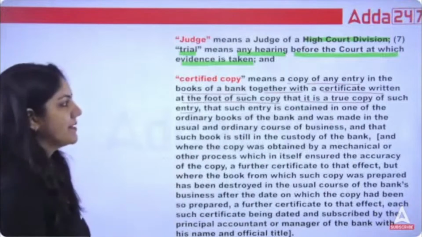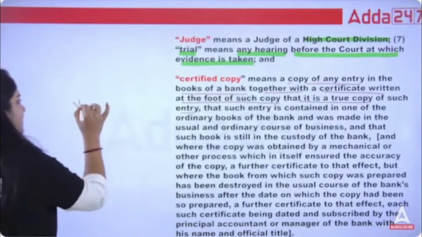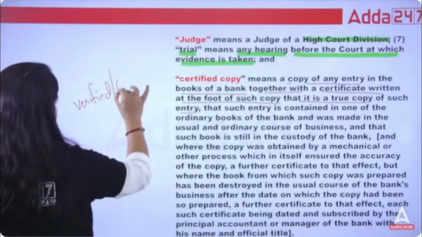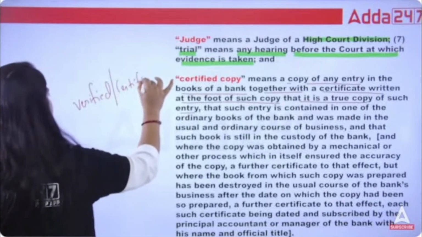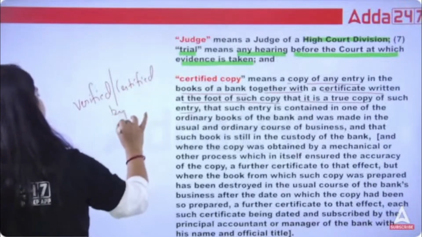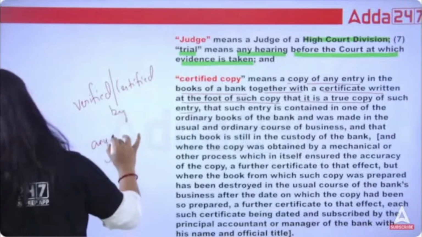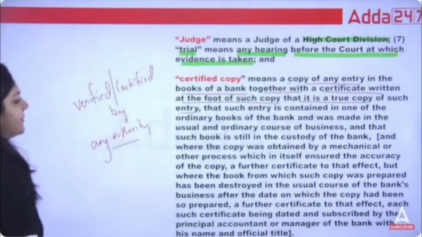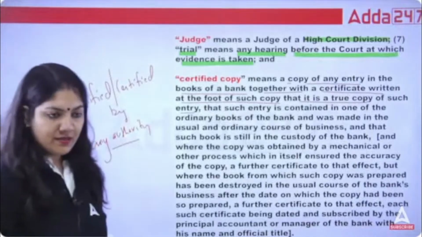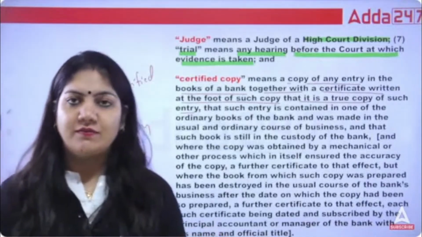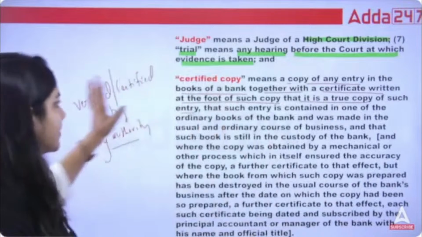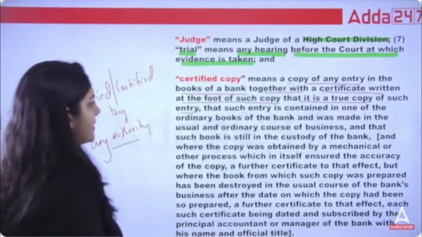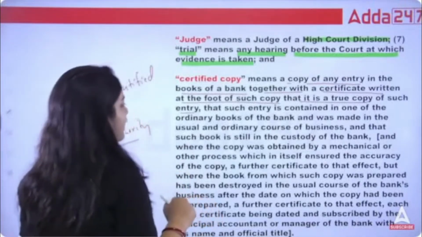So certified copy means the copy which is verified or certified by any authority. It means in the bank, if any authority verifies or certifies this, that is called certified copy. Okay, so this is the meaning of certified copy. Such entry is contained in one of the ordinary books.